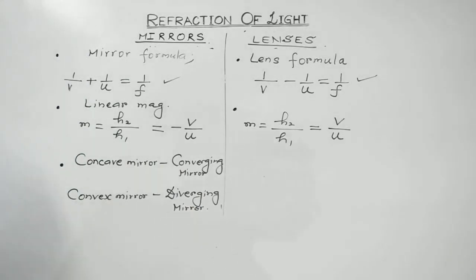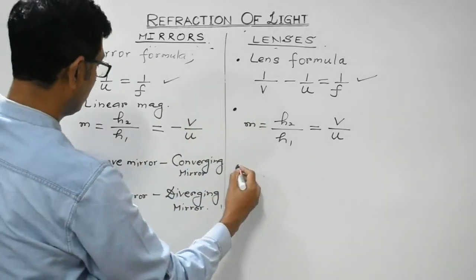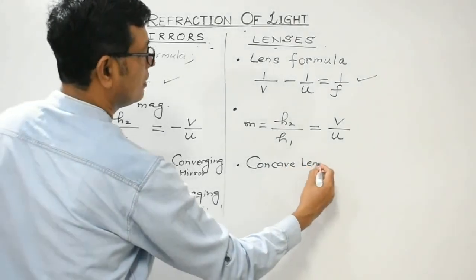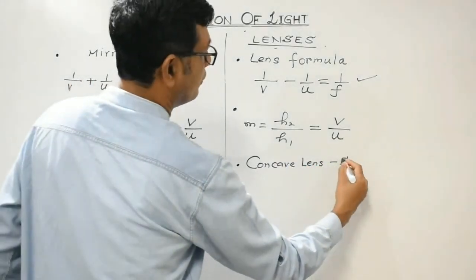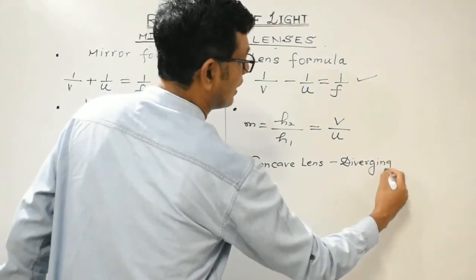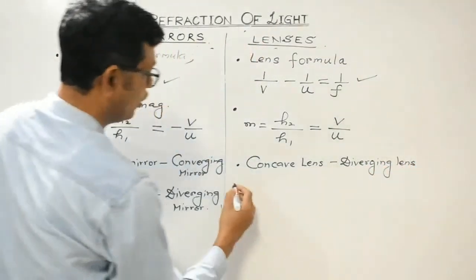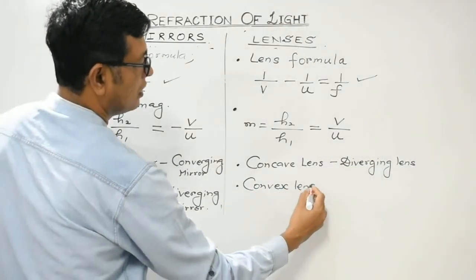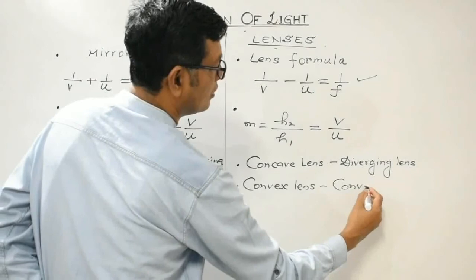Right? While in the case of lenses, we have discussed the concave lens. It is known as a diverging lens. While on the other hand, the convex lens is known as the converging lens.